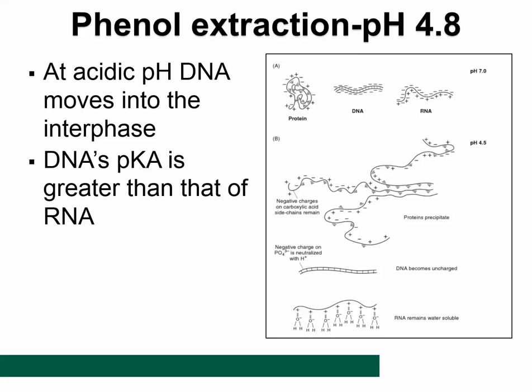So you're going to neutralize the charges on the DNA first before you get to neutralizing the charges on the RNA. Once you neutralize the charges on the DNA, then that DNA falls out of solution and it goes to the interphase. And so this is just one thing that you need to keep in mind in case you want to separate the DNA from the RNA.